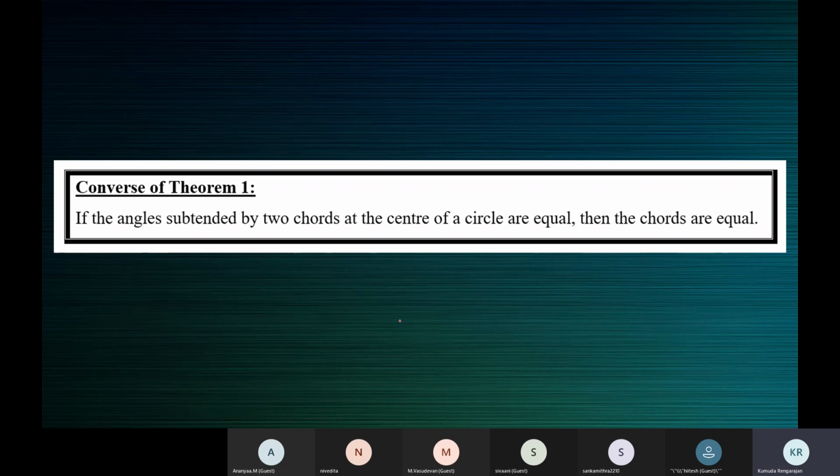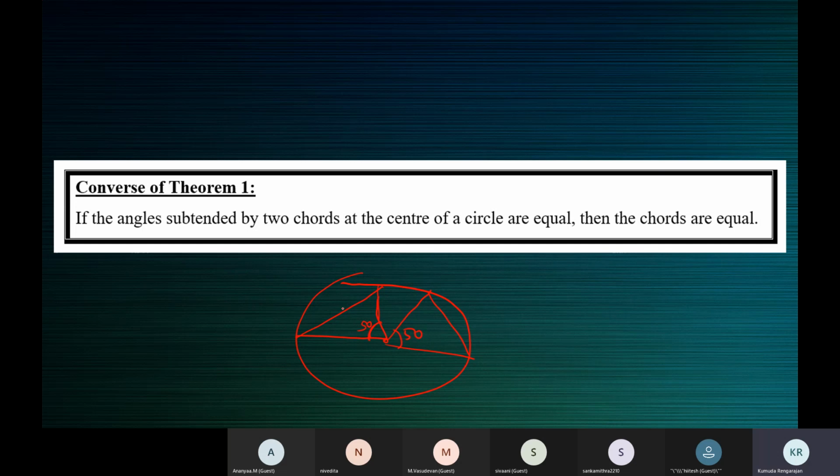Conversely, if the angles subtended by 2 chords at the center of a circle are equal, then the chords are equal. Two chords, we don't know if they're equal in length, but it's known that the angles they subtend at the center are equal. This is 50 degrees, this also 50 degrees.